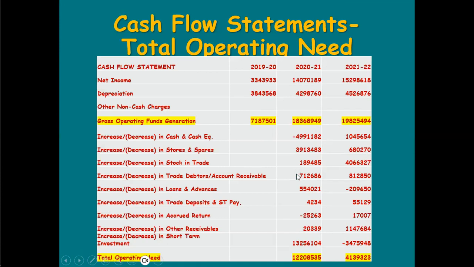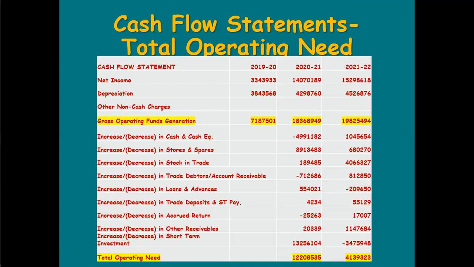Accounts payable is a part of the liability side, so you will find the decreasing trend for the second year and the increasing trend in the third year. Thereafter, loans and advances: you will find the increasing trend in the second year and the decreasing trend in the third year.